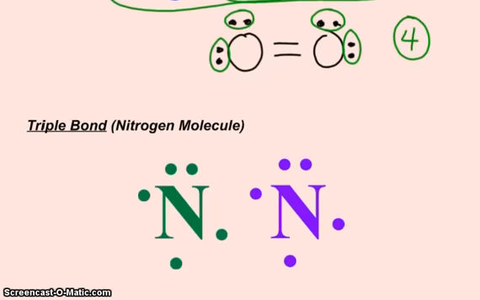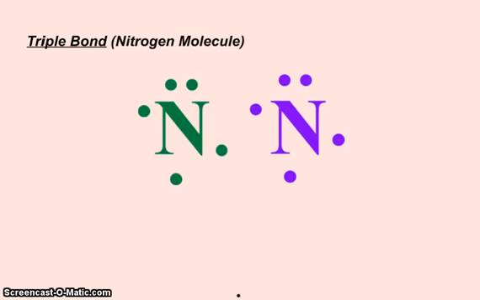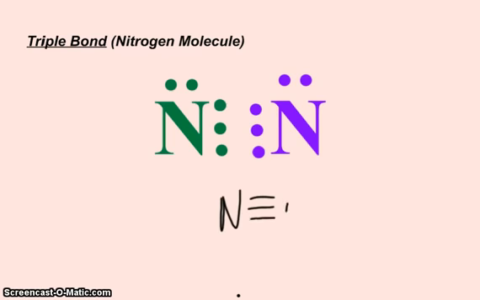Now there's also a triple bond out there, and our most famous triple bond is nitrogen, because again, nitrogen has 5 valence electrons, would love to form 3 bonds to share 3 of those. And yes, just like NH3, we could have done 3 single bonds, but we can also make a triple bond, which is 3 shared pairs of electrons between each nitrogen.